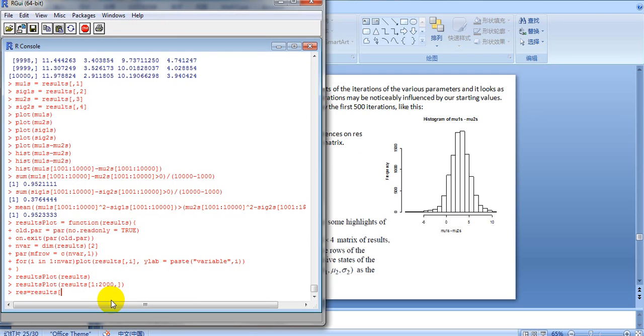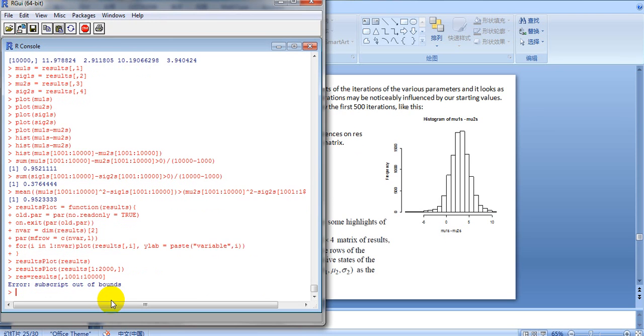I will throw away 1,000. So it's just something like this. That's RES. Sorry, it should be the row, not the column.